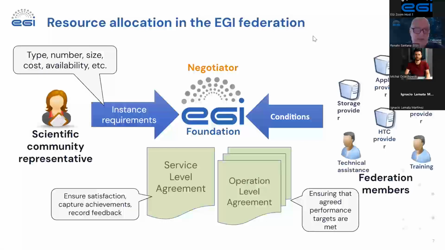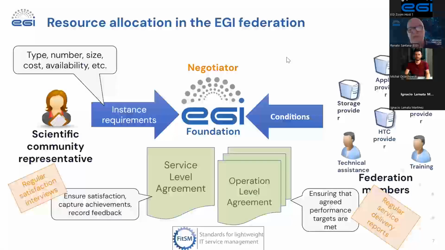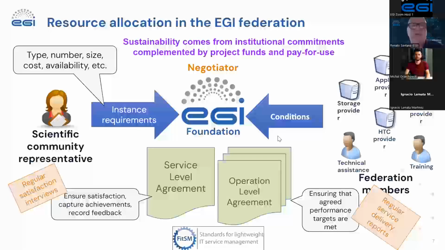We have several service level agreements, SLAs. We have operational level agreements also, which are verified, and we can ensure satisfaction of the SLAs and OLAs. We are also ISO certified, 27001 security standards. FitSM is like ITIL, which is smaller. And we also have standards we can train on. Just a lot of things.